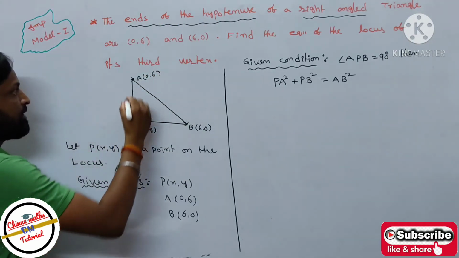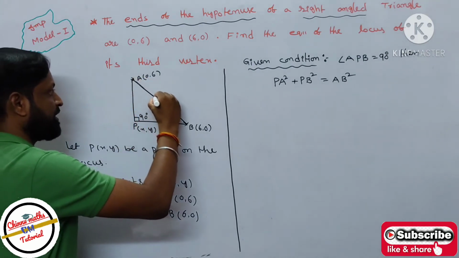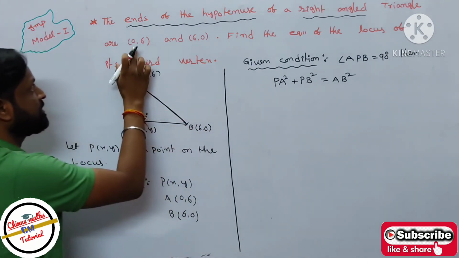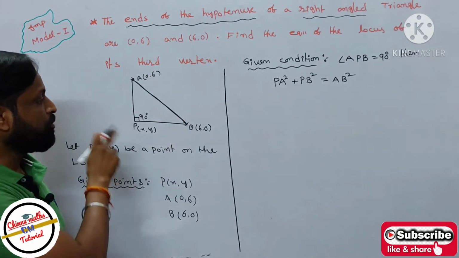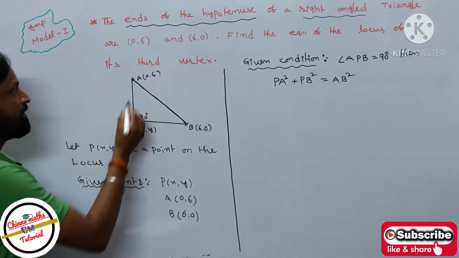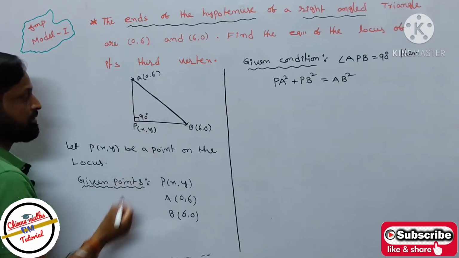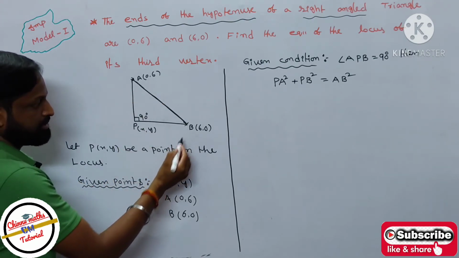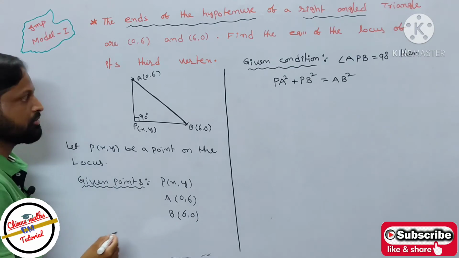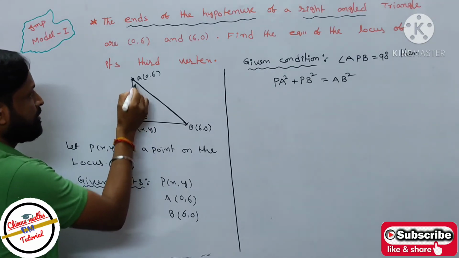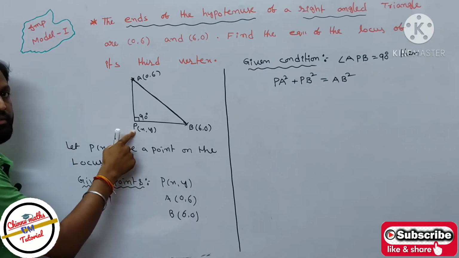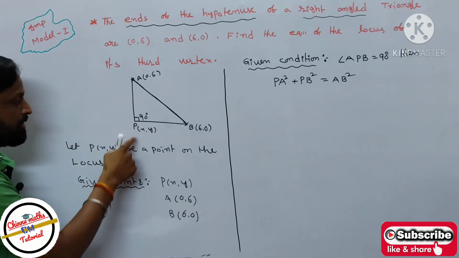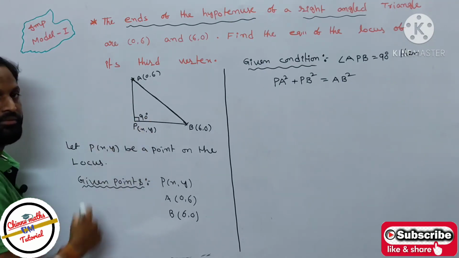In a right angle triangle, this is the hypotenuse. So that is why the point A is taken as (0, 6) and point B is taken as (6, 0). So A and B are the end points of the hypotenuse. So automatically the point P makes an angle of 90 degrees. Then the P coordinates are (x, y).